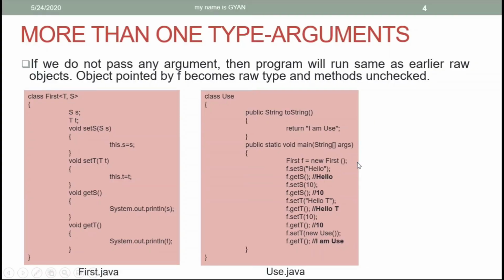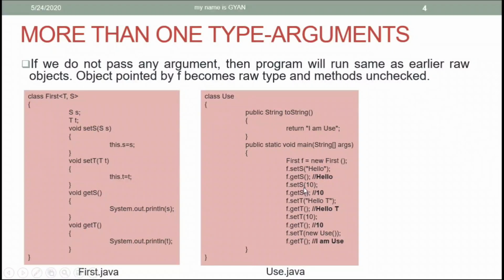This is the same case as we have seen in the earlier slide, but here we are creating a raw object of type first. We already know the raw object. When we create the raw object, then the compiler doesn't care what you are going to store in the variable of type parameters. Therefore, in this case, we can pass anything as the actual argument to the method setS and the method setT.